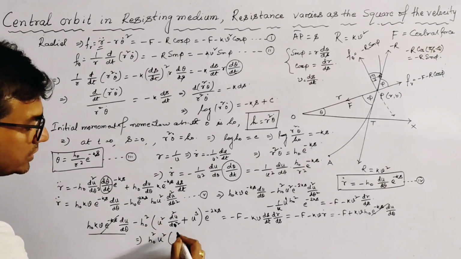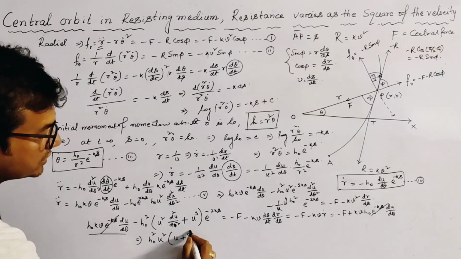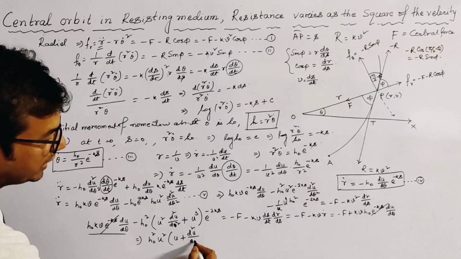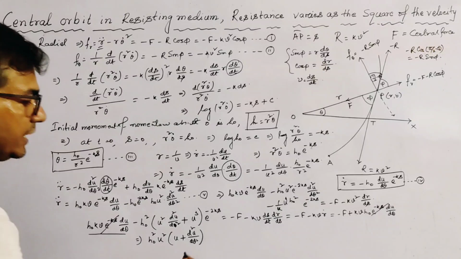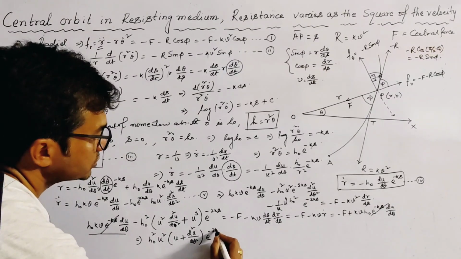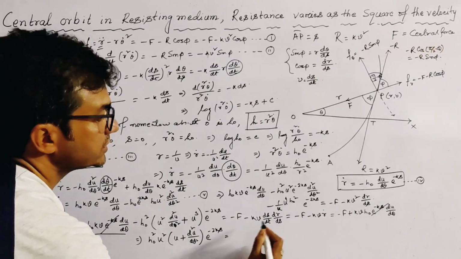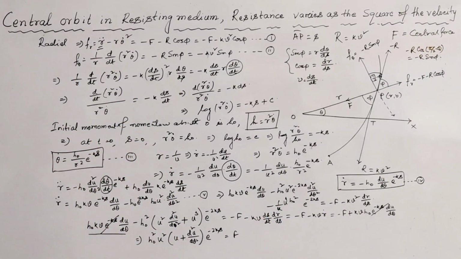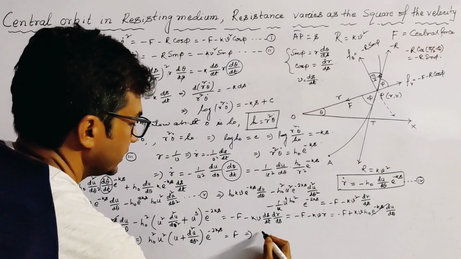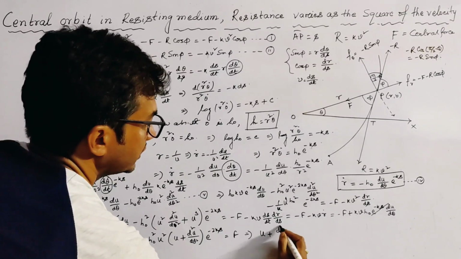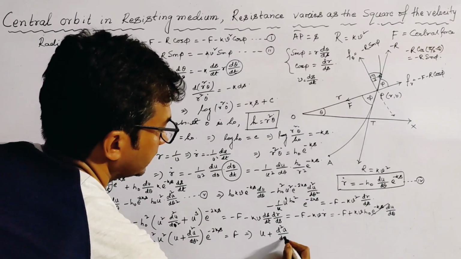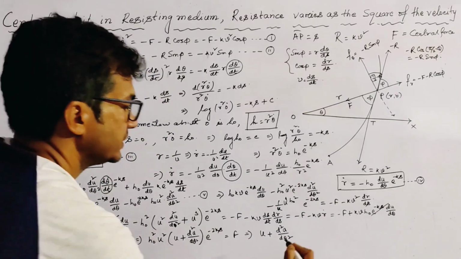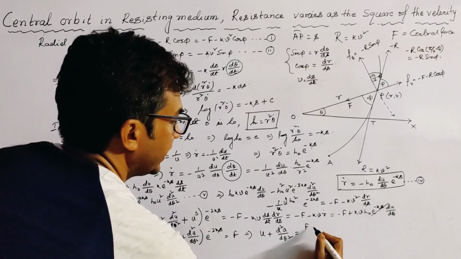We take common here u plus d2u by d theta 2 into e to the power minus 2ks. This is equal to f, because minus cancels out, and this gives u plus d2u by d theta 2 equal to capital F by h0 square u square.